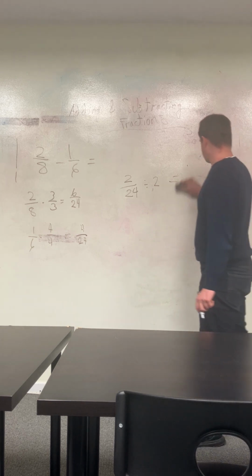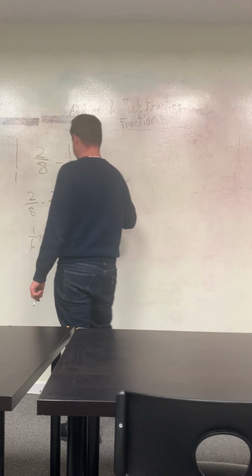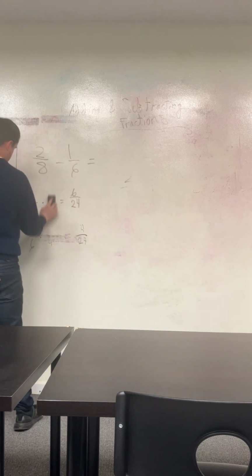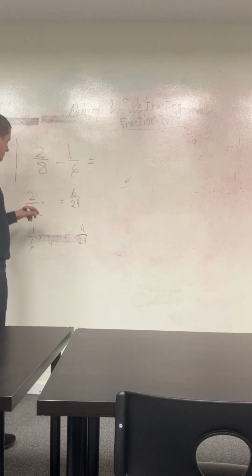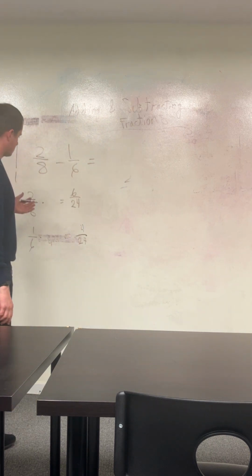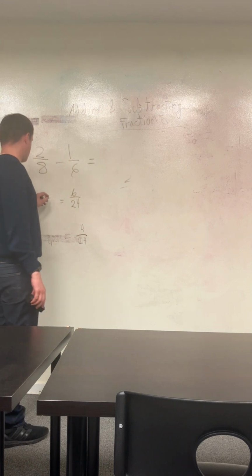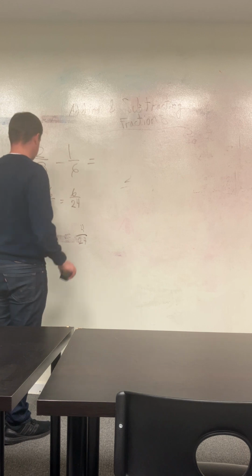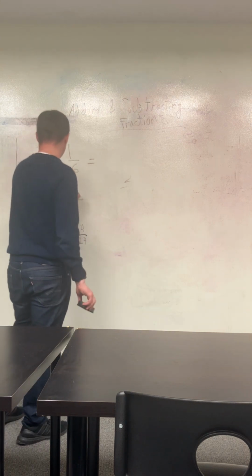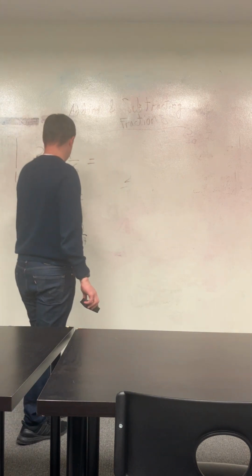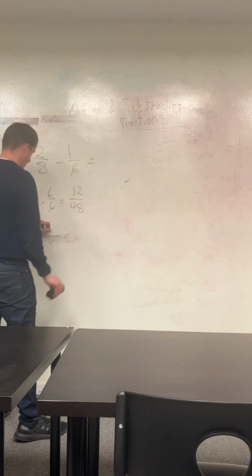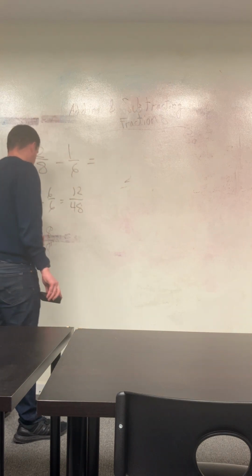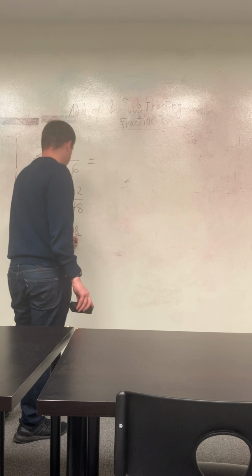Now we could have done this a longer way. We could have gone 6 over 6. We would have had 12 over 48. And we could have gone 8 over 8. There's not just one right answer here. We would have had 8 over 48.